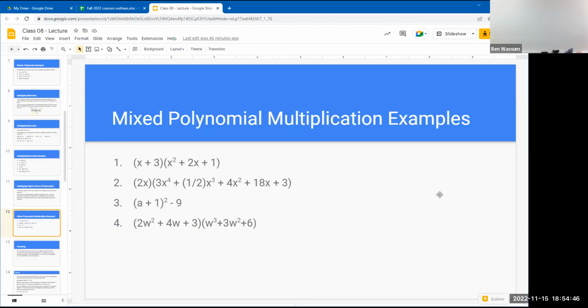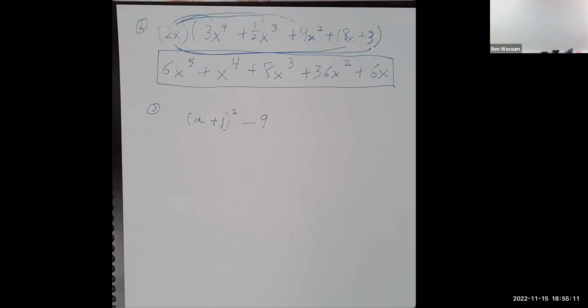Let's do number 3. Number 3 I did just to kind of have it a little bit weirder. So number 3 has an a plus 1 squared minus 9.